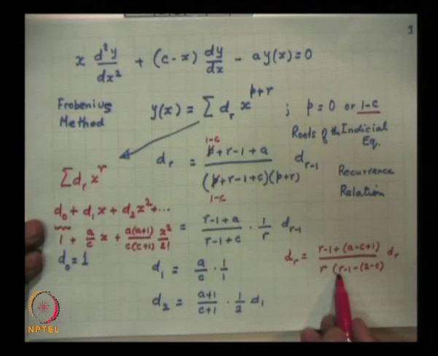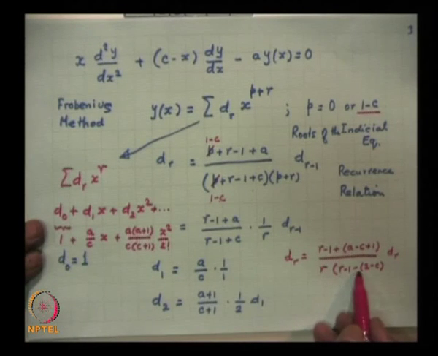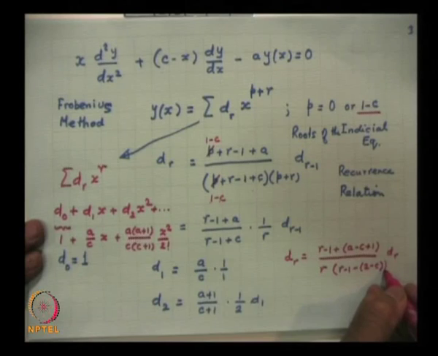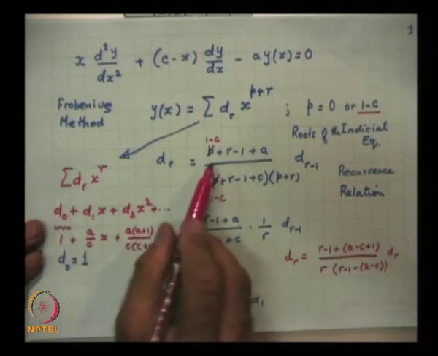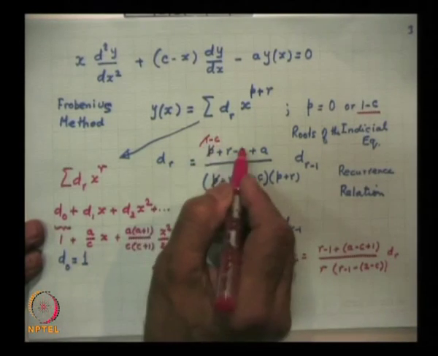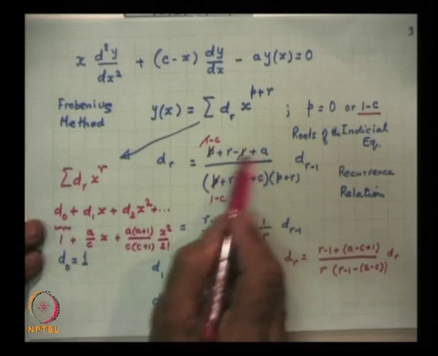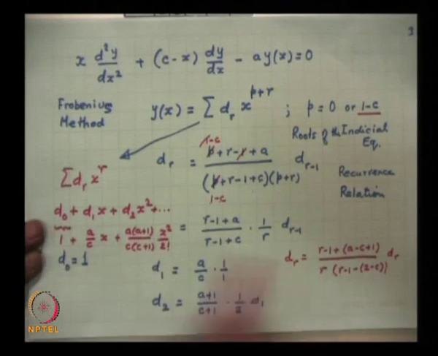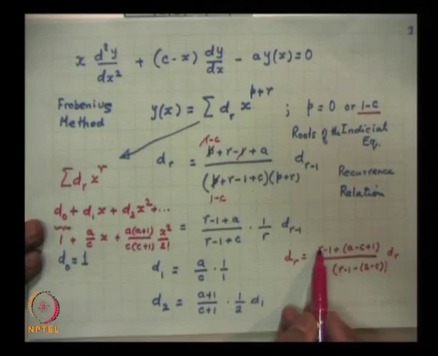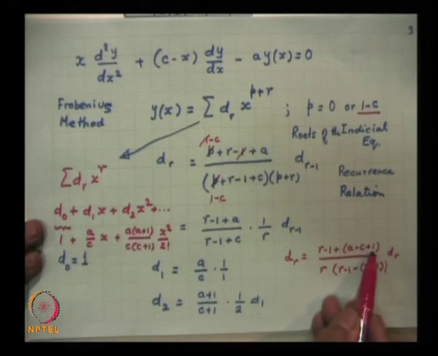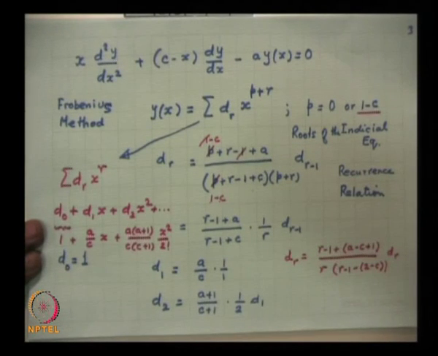So, I write this as r minus 1 minus 2 minus 1 c. So, 1 minus c, 1 cancels out. So, this is a plus r minus c, and I write this down as a plus r minus c, and I have added and subtracted 1. So, I have just rewritten it slightly.